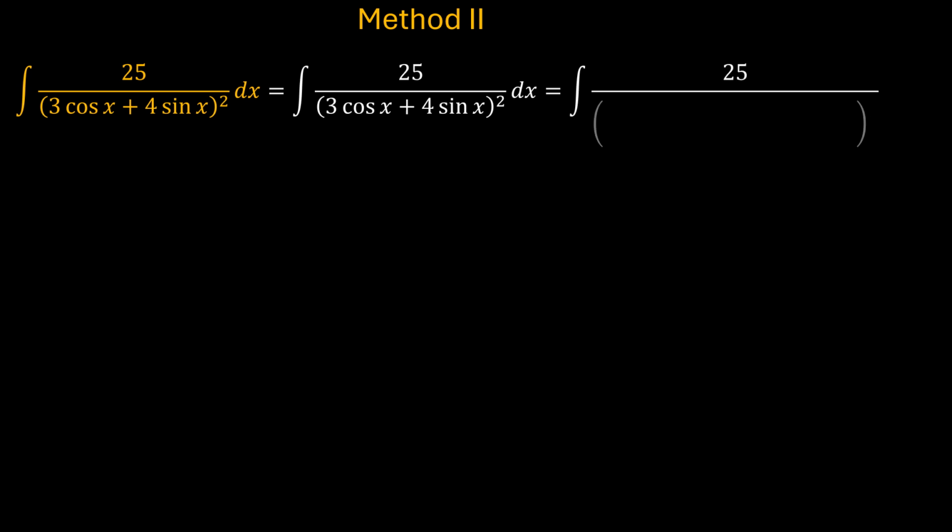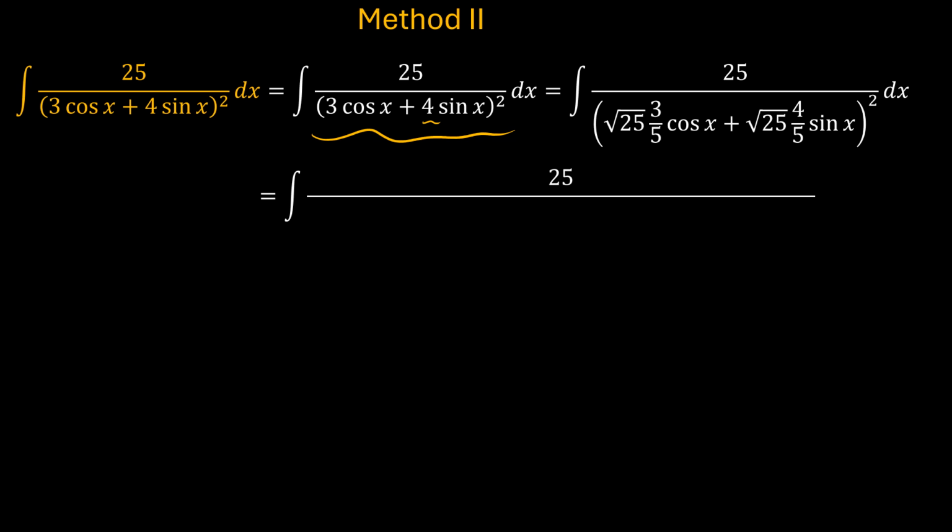So 3 is the same as the square root of 25, which is 5, times 3 over 5, plus 4 is the same as the square root of 25 times 4 over 5.